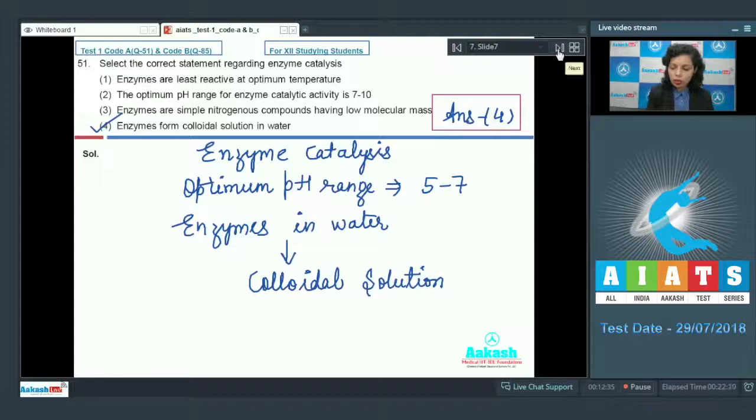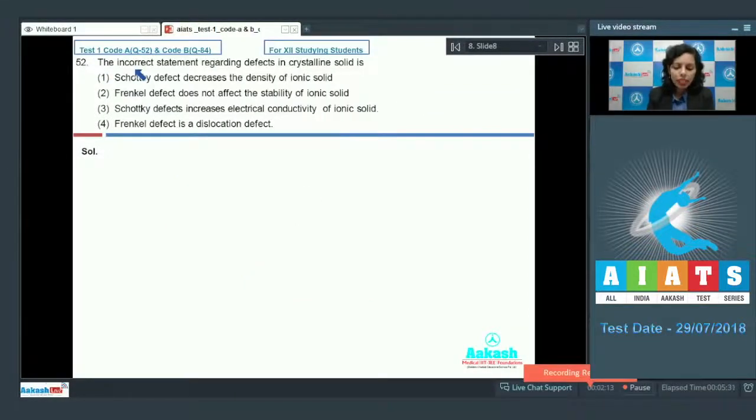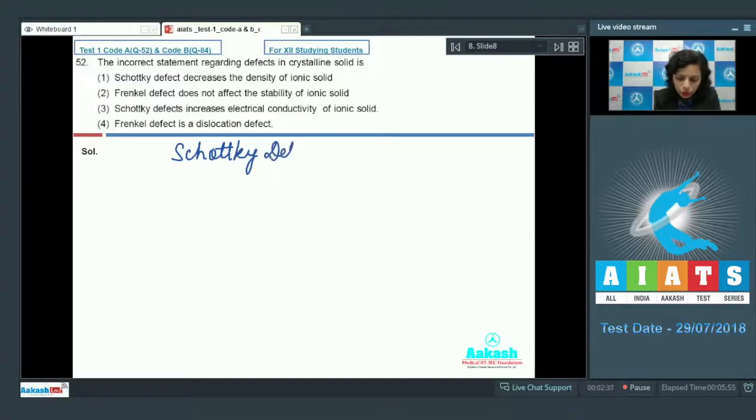Now let's move on to the next question. Question number 52. The incorrect statement regarding defects in crystalline solid is. We have the Schottky and the Frenkel defect here, and we just have to check whether each statement is correct or incorrect. Let's see the first one. Schottky defect decreases the density of ionic solid. In the case of Schottky defect, there is the removal of an equal number of cations and anions, and that results in a decrease in density.